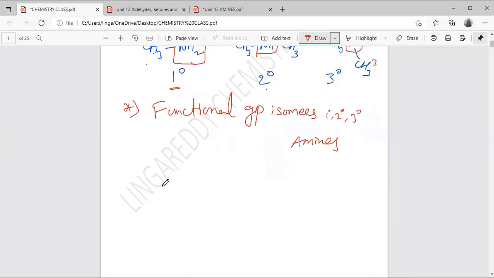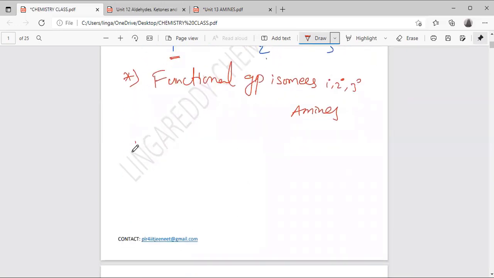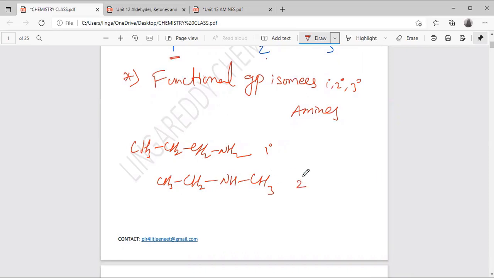But for functional group isomerism, the example is like this: CH3 CH2 CH2 NH2. It is a primary. CH3 CH2 NH CH3. Here the number of carbons, nitrogen, hydrogen, everything is the same. That's why these are functional group isomers.